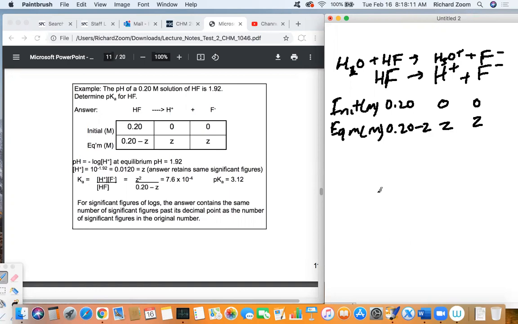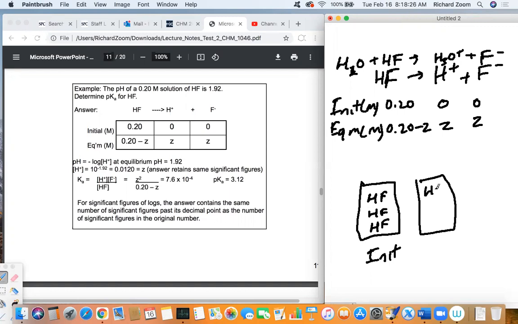So looking at the Z's here, this is all very simple, because initially all you're going to have is just HF in solution. But let's say at equilibrium, and I'm just making this up here, two of the HF break apart. You can see that for every HF that breaks apart, we get 1 H plus and 1 F minus.